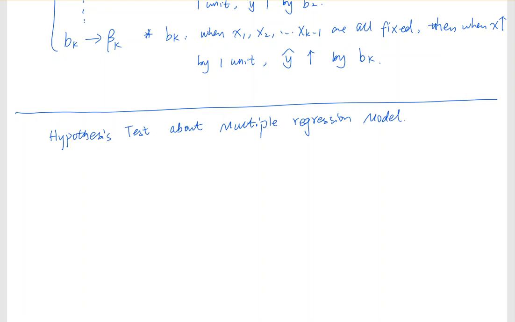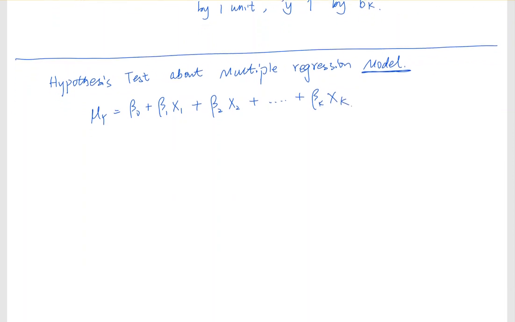Because the hypothesis test is always about the population. So if we talk about the population, we talk about the model, right? So first, let's state the population model. We say the population model is mu of y equals beta 0 plus beta 1 x1 plus beta 2 x2 until beta k xk, right?